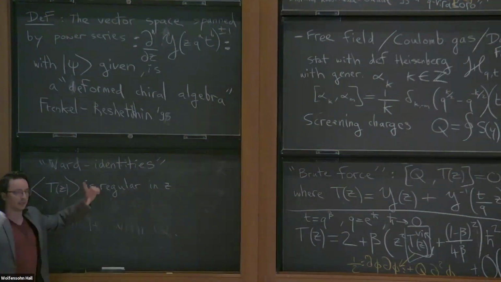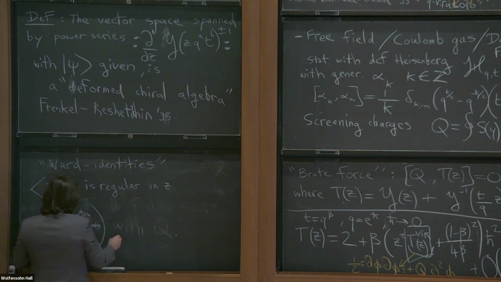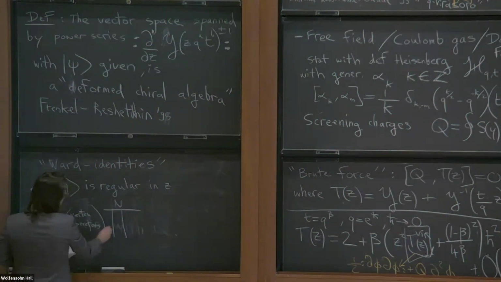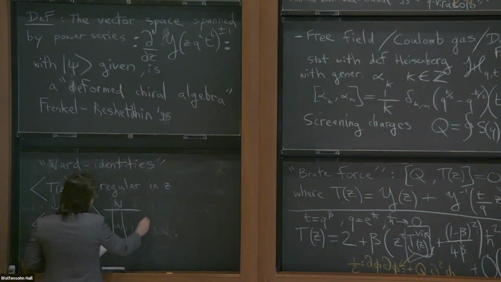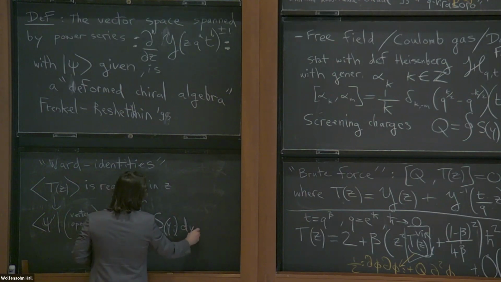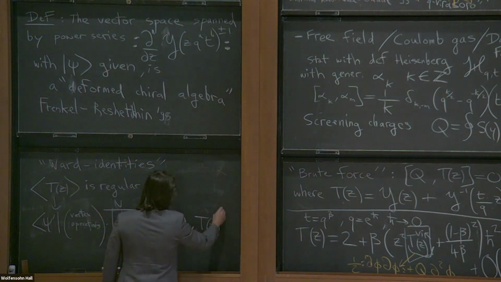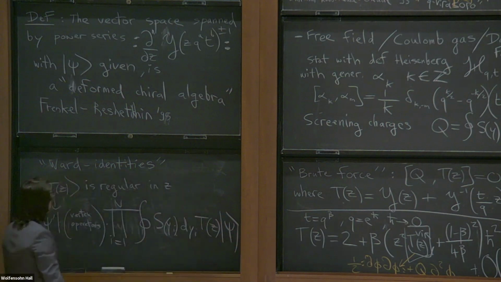So here, what do I mean by the bracket? Right, so this thing really stands for psi prime, a bunch of vertex operators, times a product of screenings, times the stress tensor. So that's what I mean by correlators.